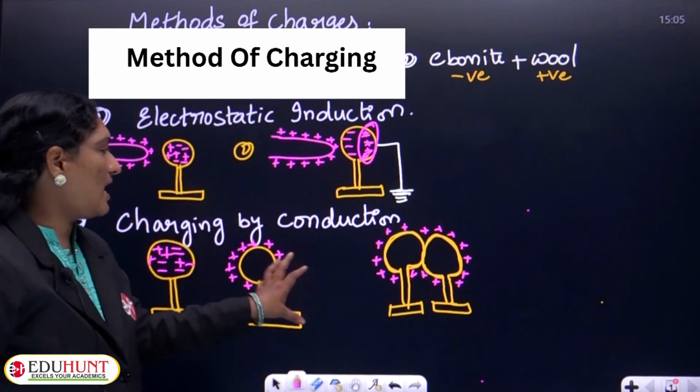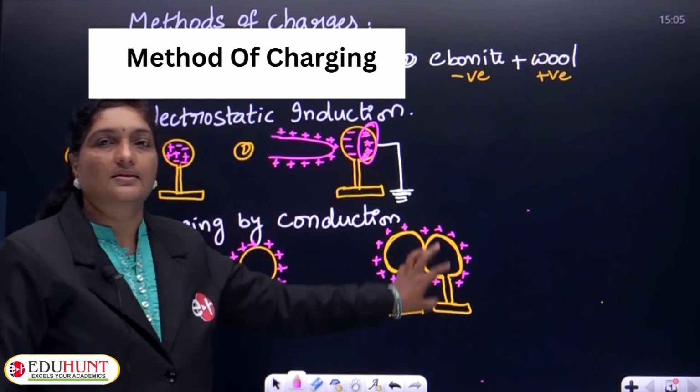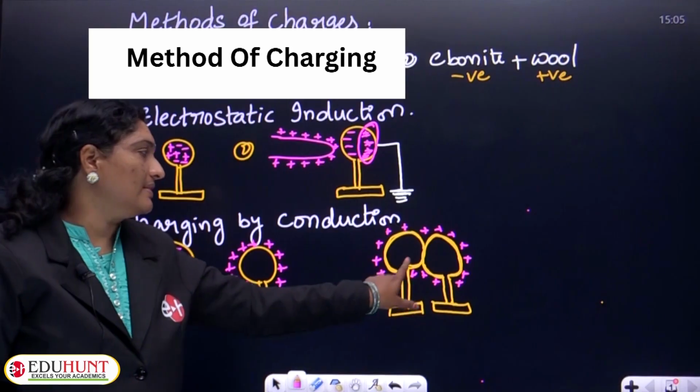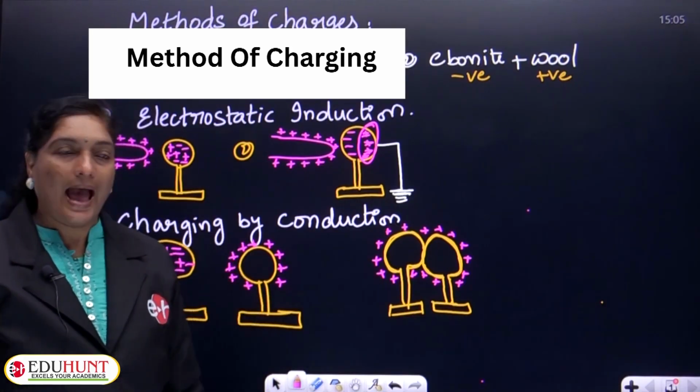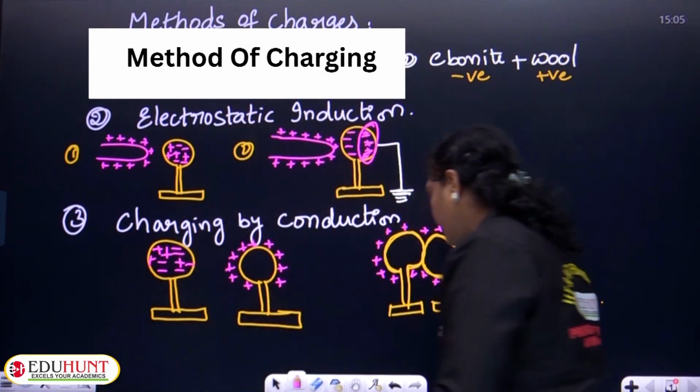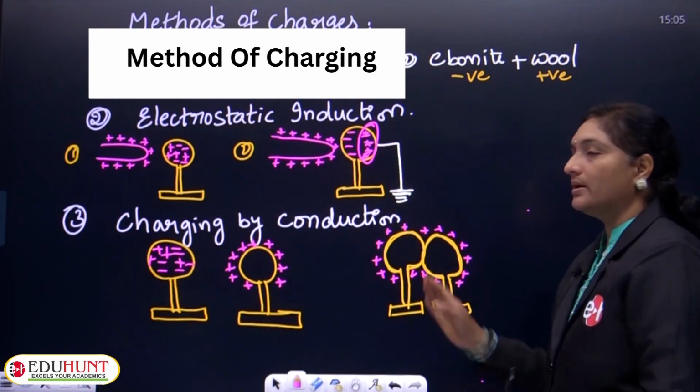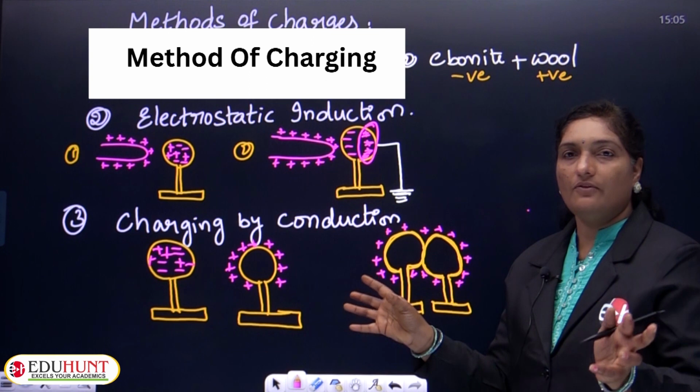The charge resides on the surfaces of both the bodies when they are kept in contact with each other. As a result, after some time, we observe that both the bodies get an equal amount of charge.